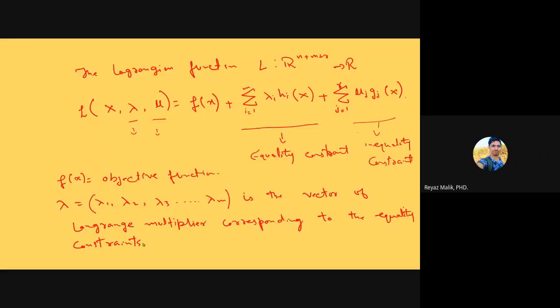We can write the vector this way, and when we write it in vector form, we give the transpose t also. So lambda ranges from 1 to m lambdas. That makes the vector of Lagrangian multipliers, which will be treated as equality constraints, correct? Then we have mu also. Mu ranges from 1 to r.